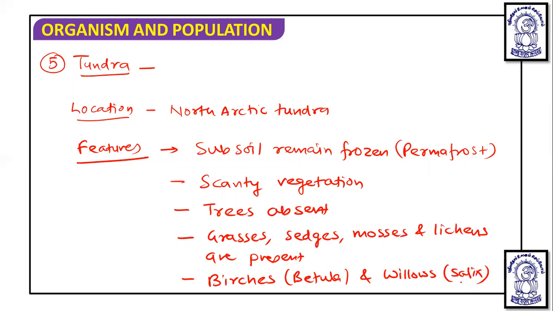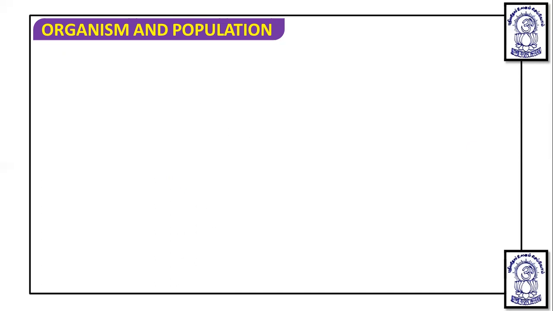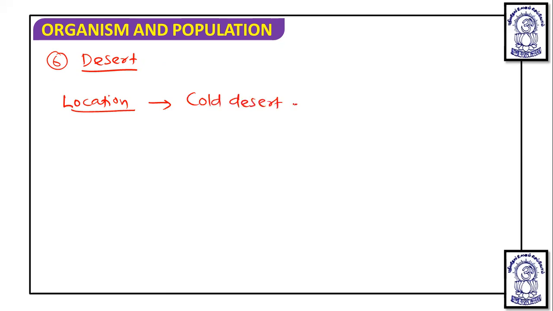Okay. After this tundra, the next biome is the desert. In desert, if you talk about location, there are two types of desert. That is a cold desert, which is found in Tibet, known as the Gobi region.